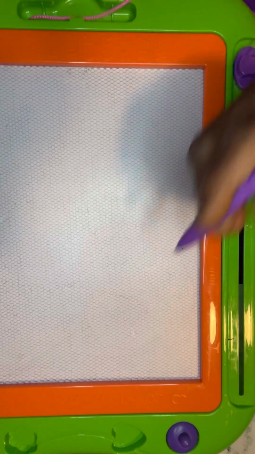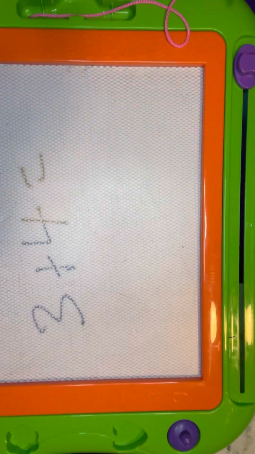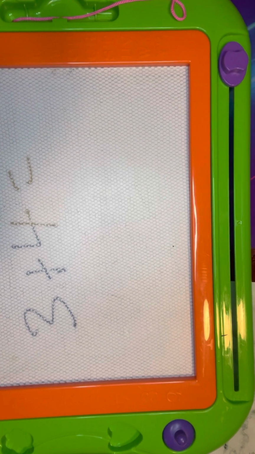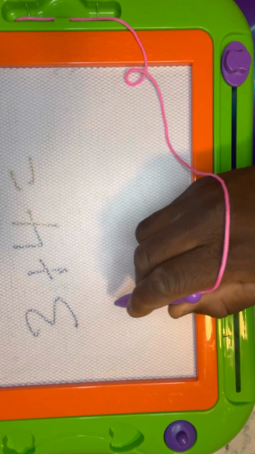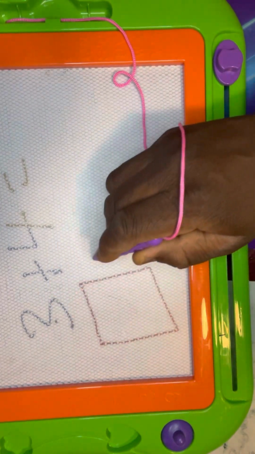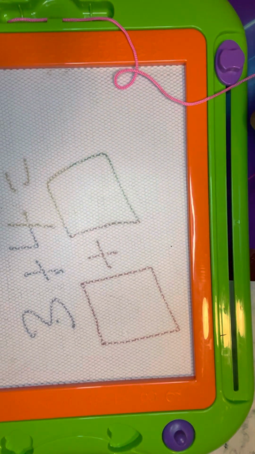Again, if you have 3 plus 4, what is the answer? Always try to use the box approach. What do I mean by using the box approach? It means that you will have one box for this number and another box for this number.